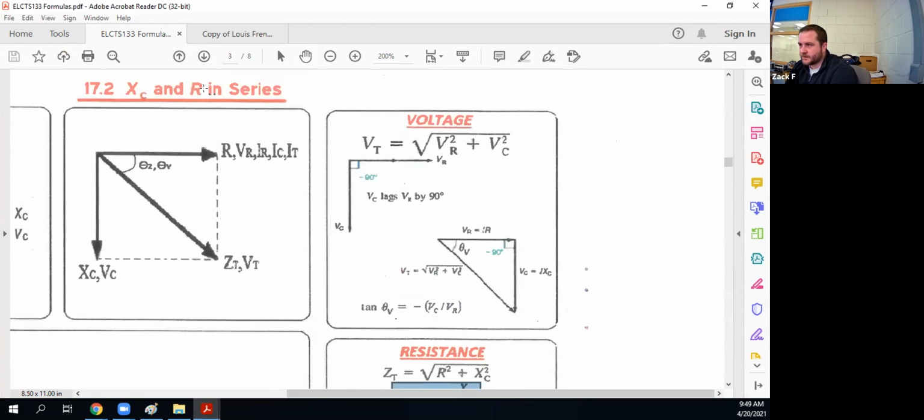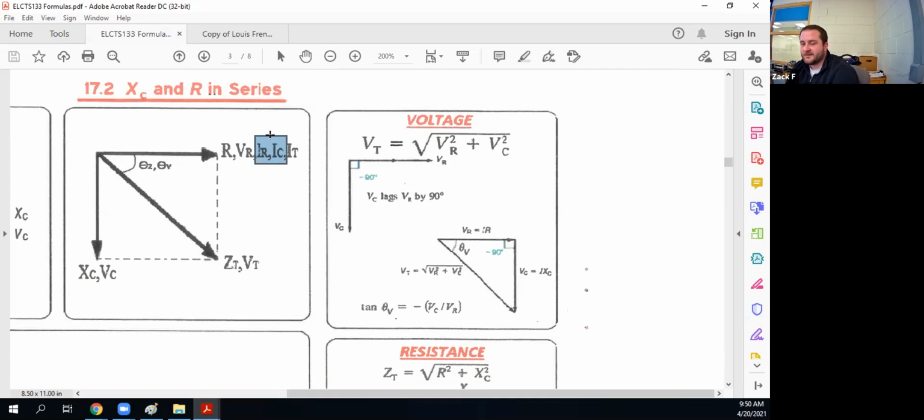When resistance and capacitive reactance are in series. What is the question now? Current and voltage? Okay, so here's your current, resistive current, capacitive current, and your voltage across the resistor though.